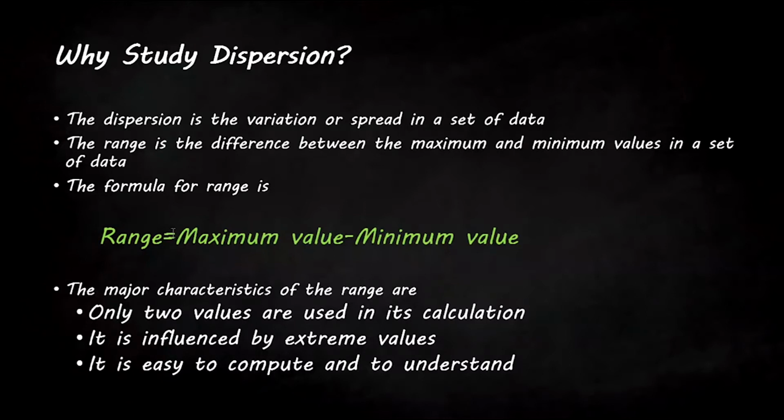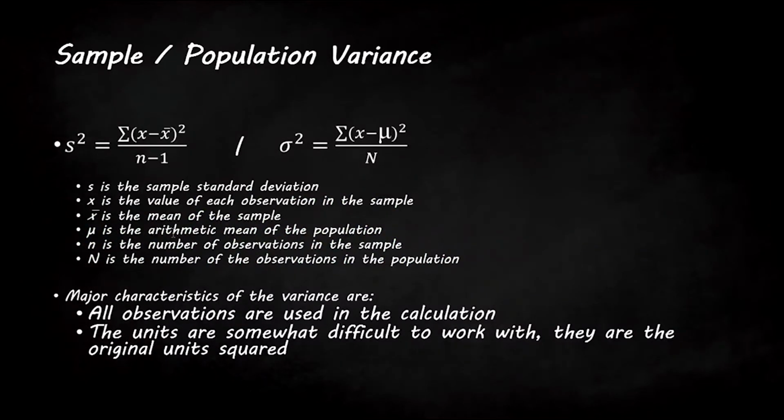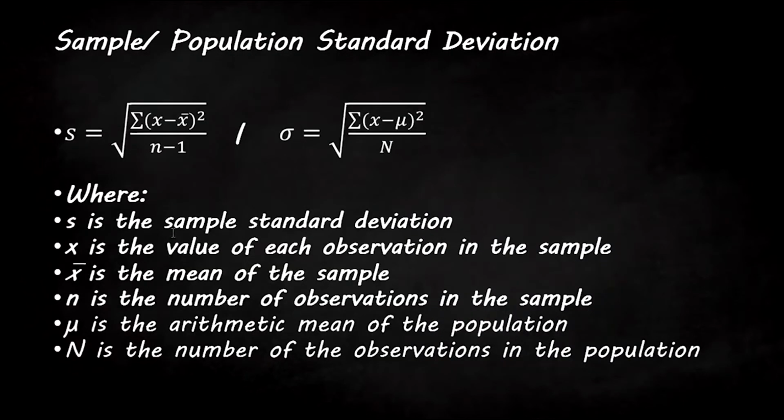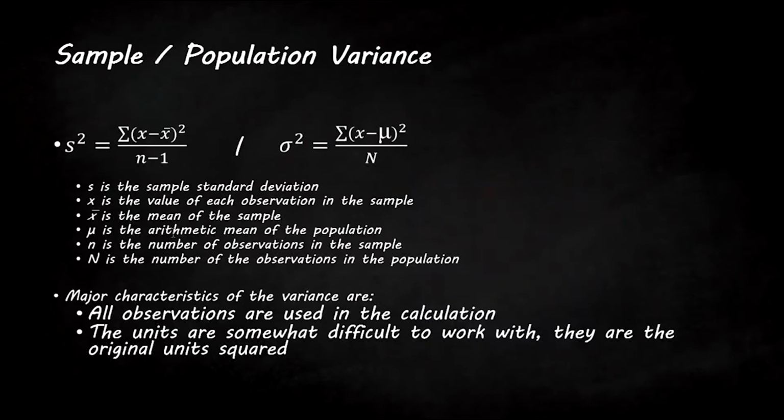So that's the range. And then we've got the standard deviation and variance. The standard deviation and the variance are very similar. If you take a look at this, on the left-hand side you're going to see the sample formula, and on the right-hand side you're going to see the population formula. And you'll notice it's not that different.